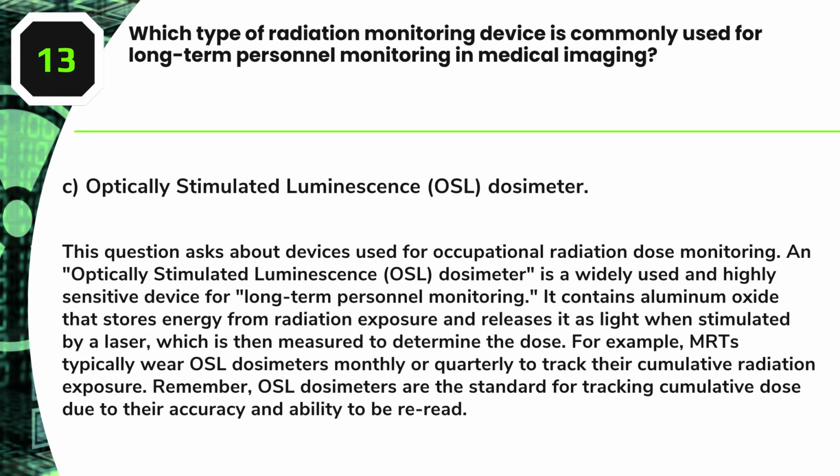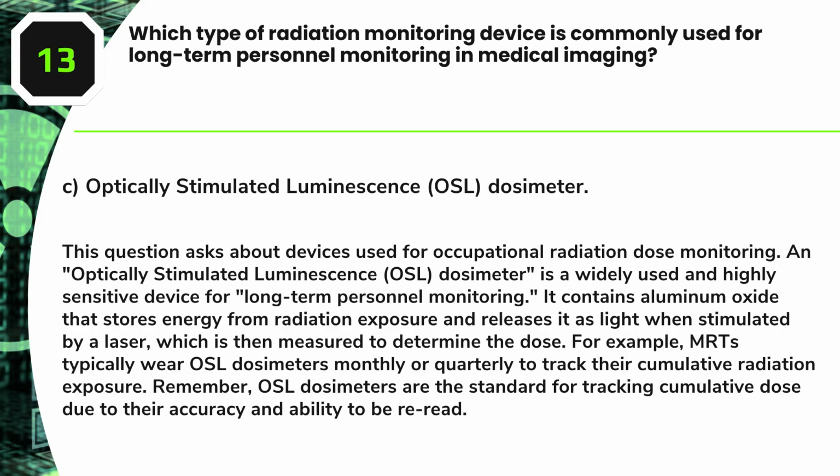Answer, C. Optically stimulated luminescence, OSL, dosimeter. This question asks about devices used for occupational radiation dose monitoring. An OSL dosimeter is a widely used and highly sensitive device for long-term personnel monitoring.